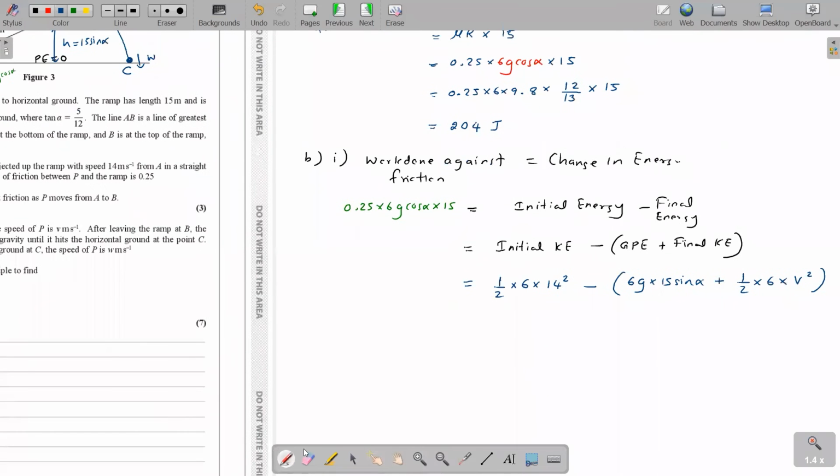Okay, so shall we input the values now and try to find the answer? 0.25 is 1 over 4, into 6g, cos alpha is 12 over 13, into 15. Can you all simplify? Simplify, make v the subject.